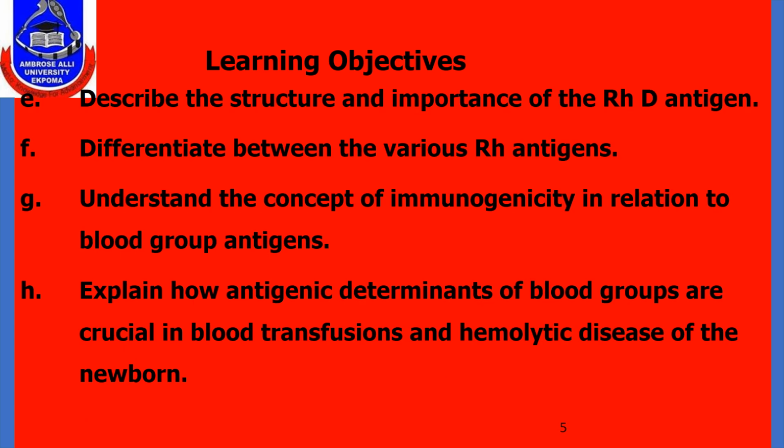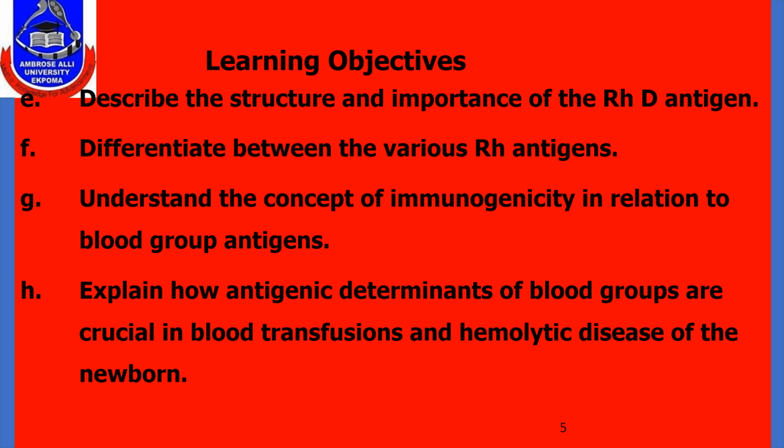We will also go ahead to describe the structure and importance of the Rhesus D antigens. The short form of Rhesus is Rh. Differentiate between the various forms of Rhesus antigens.